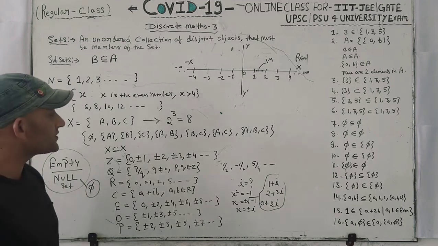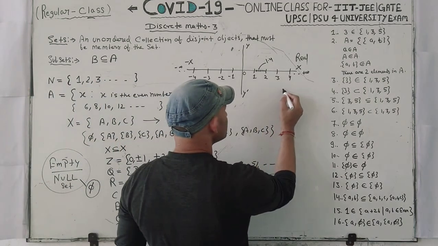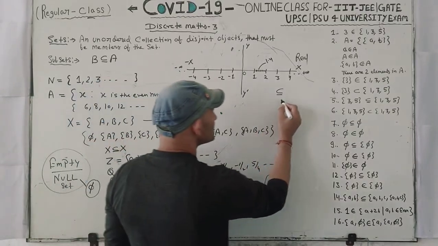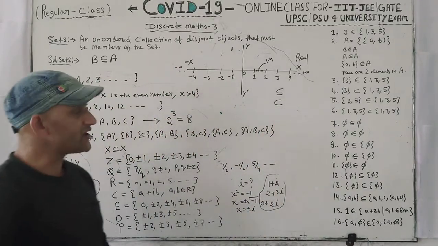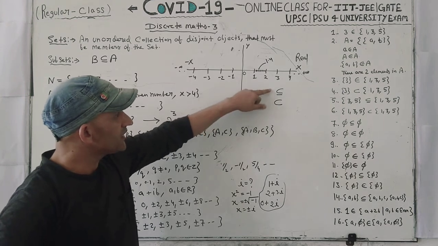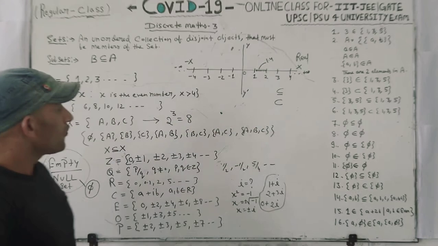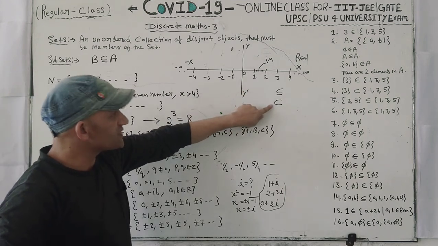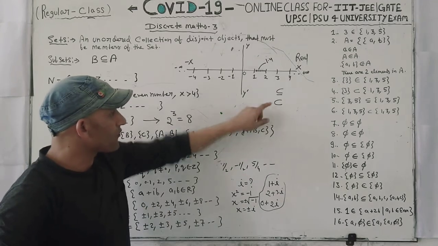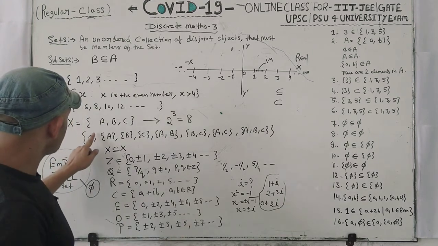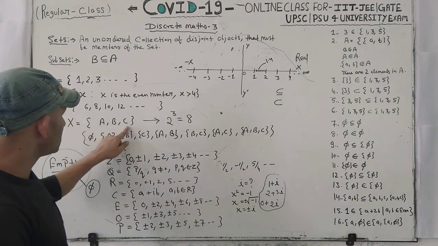Now the next one is the two symbols. One is the subset, which we have already explained. The second is the proper subset. Many students have confusion between subset and proper subset. So what is the meaning of this and what is the meaning of this? This is the proper subset. Suppose you have x equal to ABC.